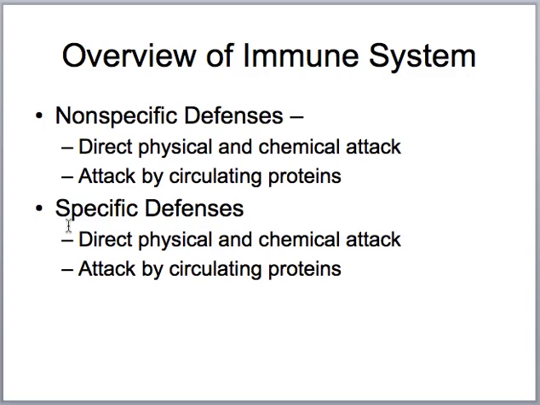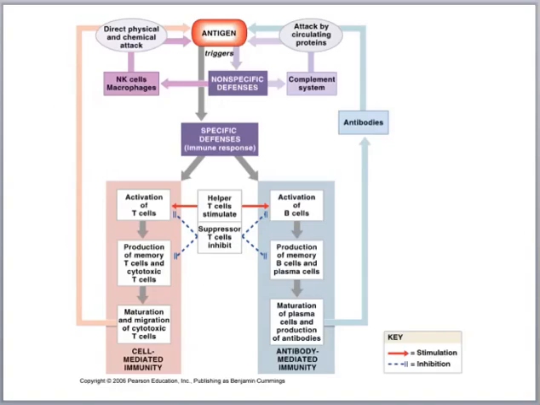And then in our specific defenses, we have direct physical and chemical attack. Remember, we've got the T cells, our cytotoxic T cells, that will release chemicals and destroy the infected cell. And then we have attack by circulating proteins. In this case, these would be antibodies. So that's an important similarity between the nonspecific and the specific defenses.